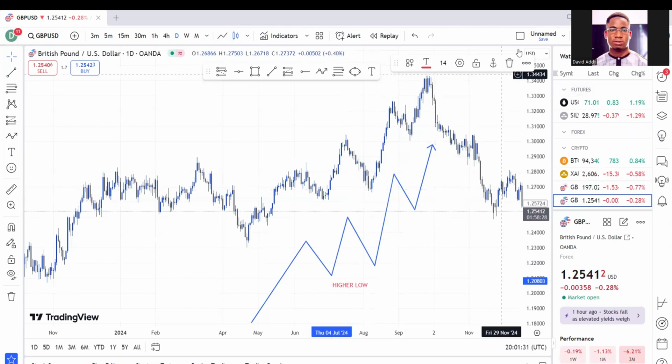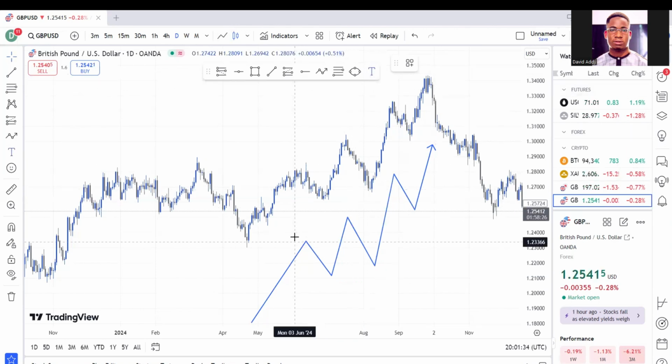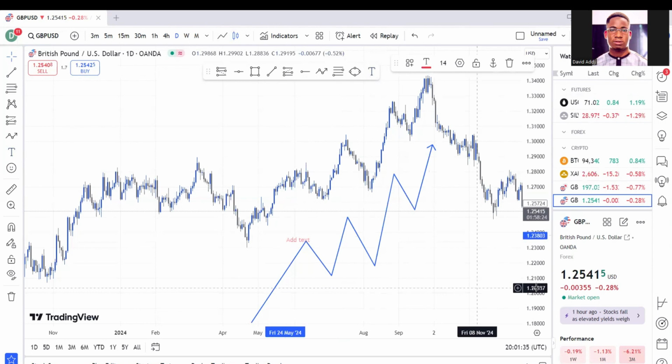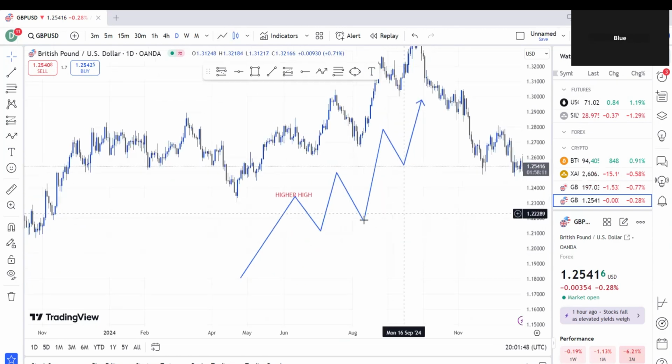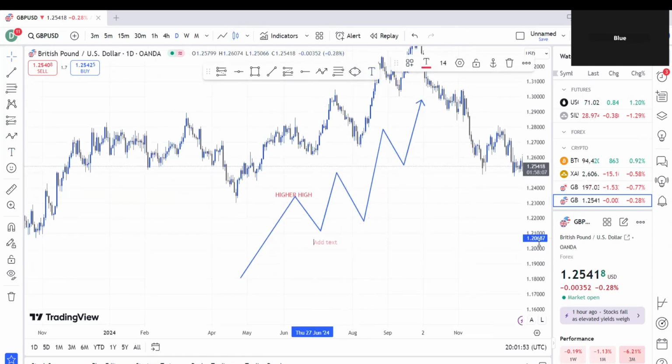And we call this one a higher high. They are all swings, but one swing is higher than the other swing.